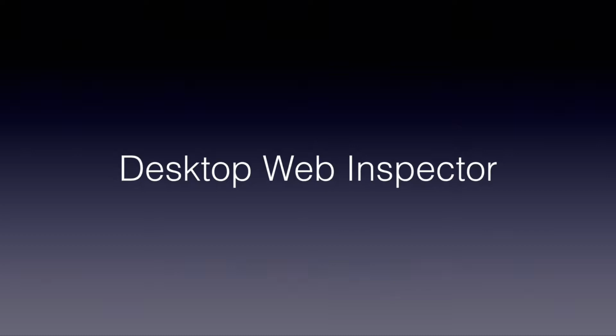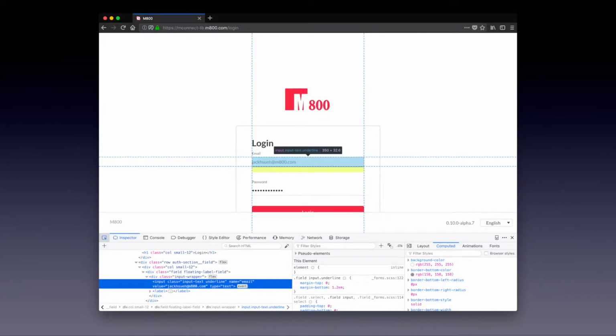We have already given you a brief introduction to the element locator. Now we will see the desktop web inspector. As you can see, it's a web inspector of the desktop browser, and I will give you a demo here.